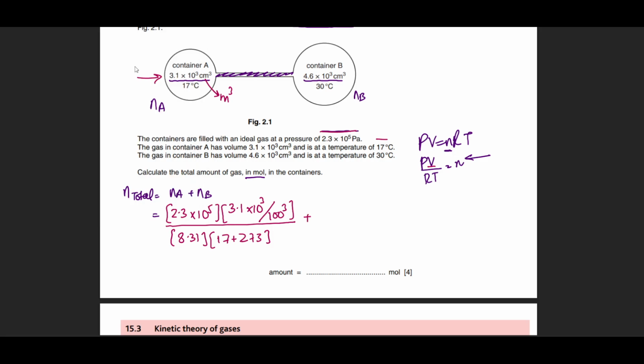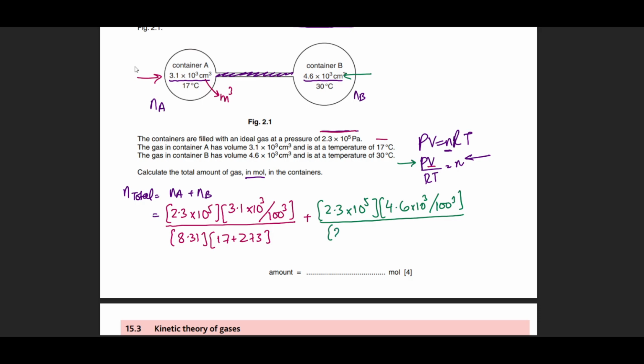This moles for the second container would exactly follow the same formula but with different values. The pressure coincidentally is exactly the same because they're connected with a single pipe, but the volume is different in this container. So again, 4.6 into 10 to the power 3 will be divided by 100 cube to convert this into meter cube, right?